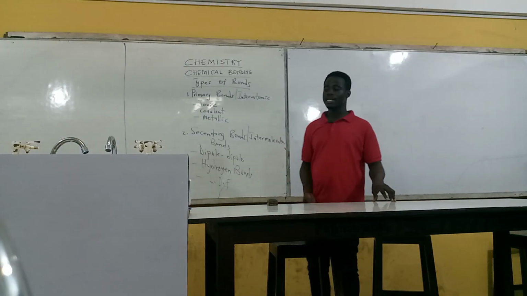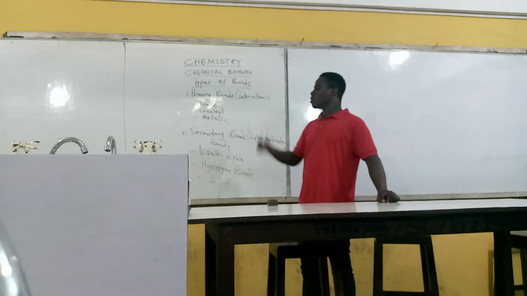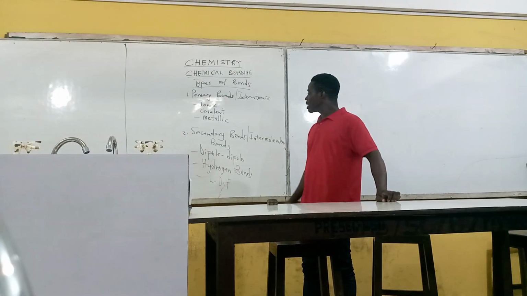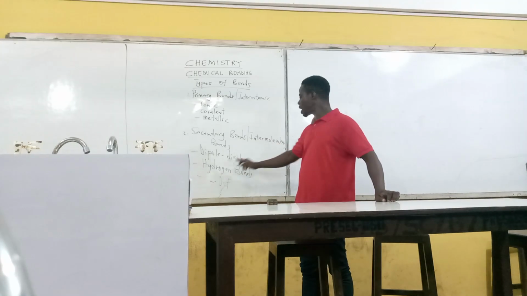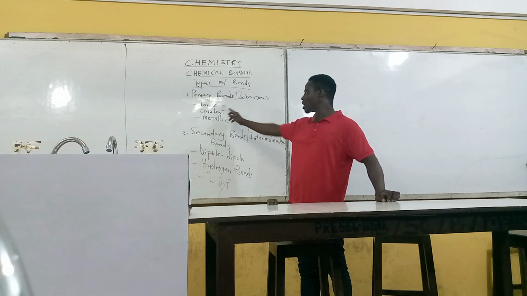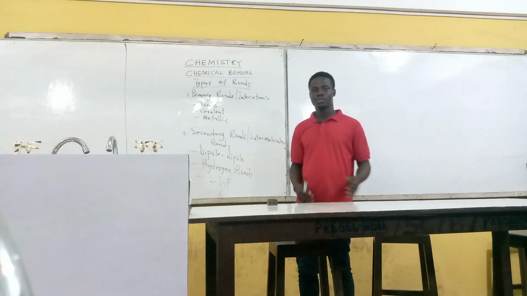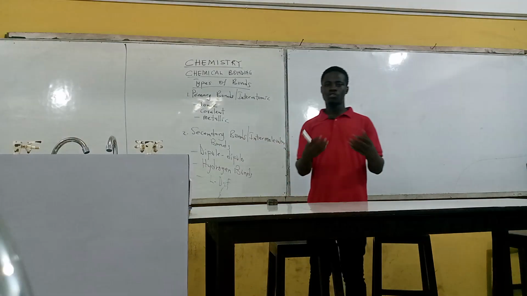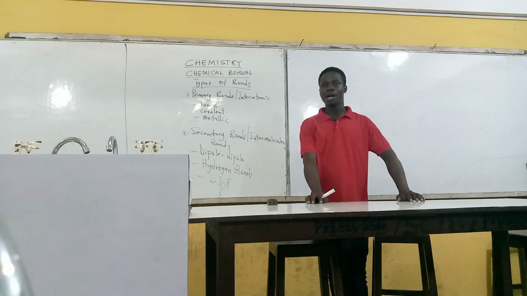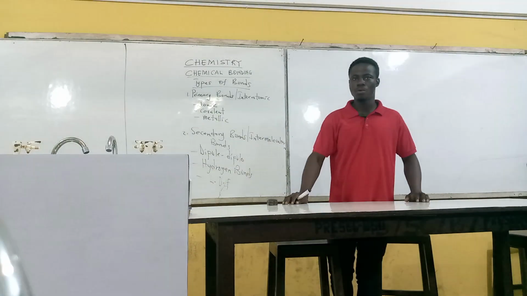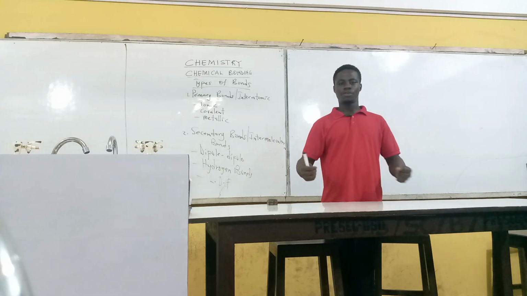So if we are asked in exams to mention 4 types of chemical bonds, you can easily say ionic bond, covalent bond, metallic bond, hydrogen bond. Whilst we study, we look at the strength. We can say emphatically that these primary bonds are stronger than the secondary bonds in terms of the force of attraction.